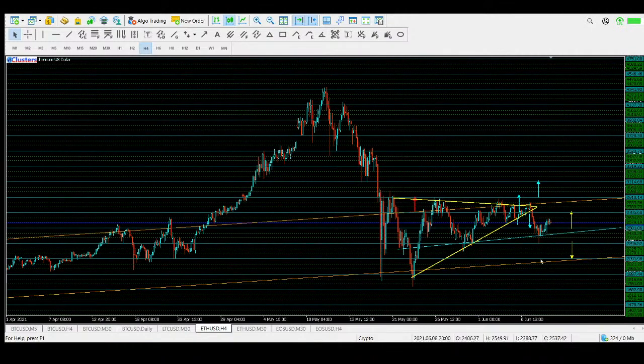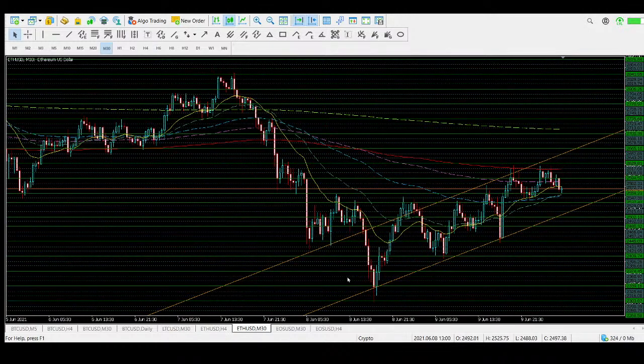If you look at the 4-hour chart, you can see some action around the same level here, which gives you some confidence on the probability of whether it's going to bounce here or not. It has tested this level, it has bounced. And as you can see, yes, it did bounce off.